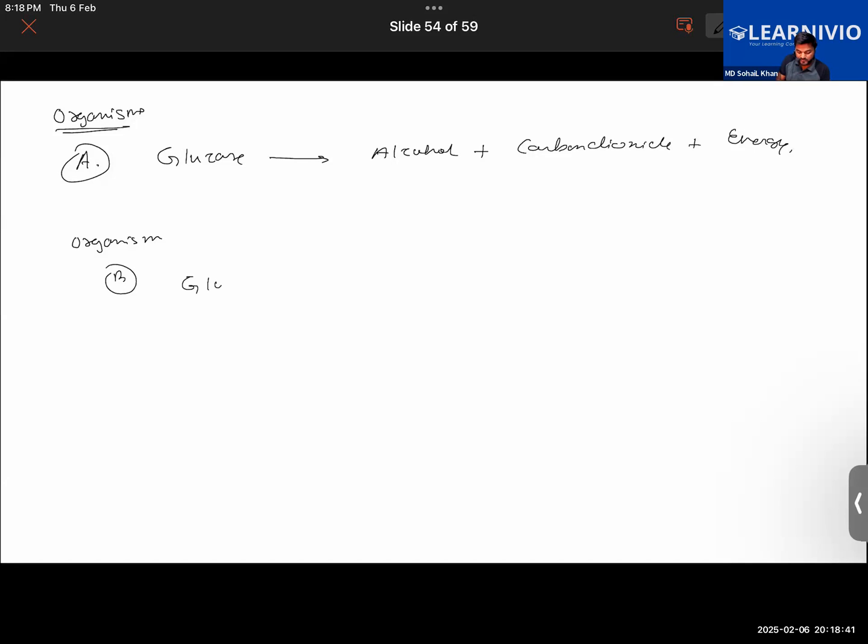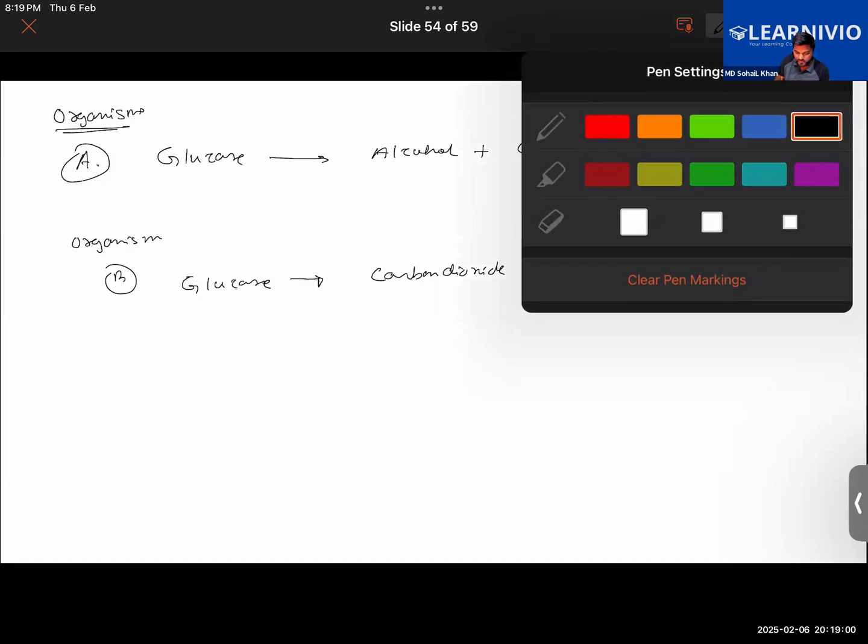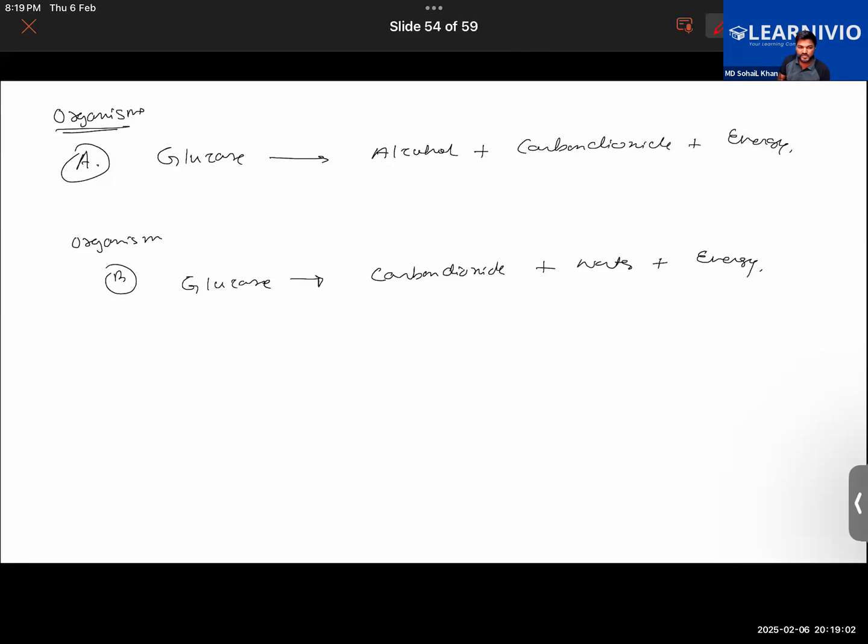And in organism B, glucose is broken down into carbon dioxide plus water plus energy. You have to name what organism A and organism B are.